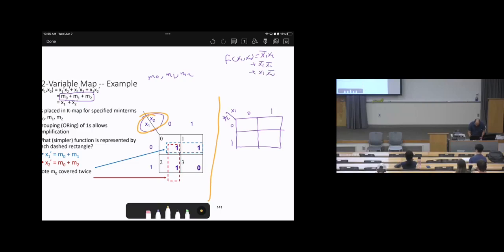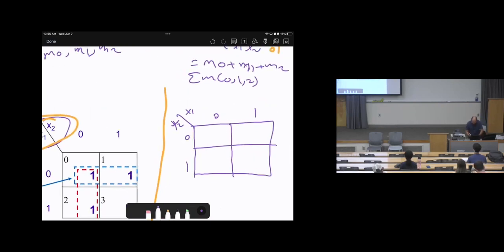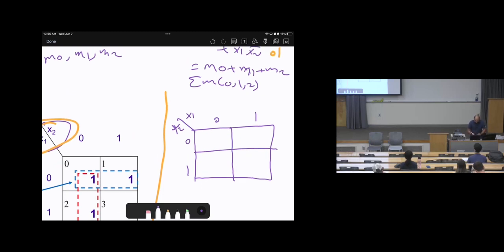This is equivalent to 1 0, this is equivalent to 0 0, this is equivalent to 0 1. Therefore, it will be M0 plus M1 plus M2. This is canonical form. Or you can say it's M0, 1, 2. Those are the locations of ones.